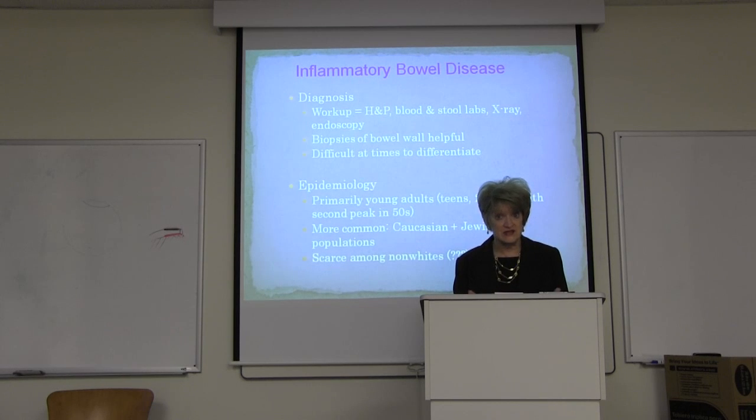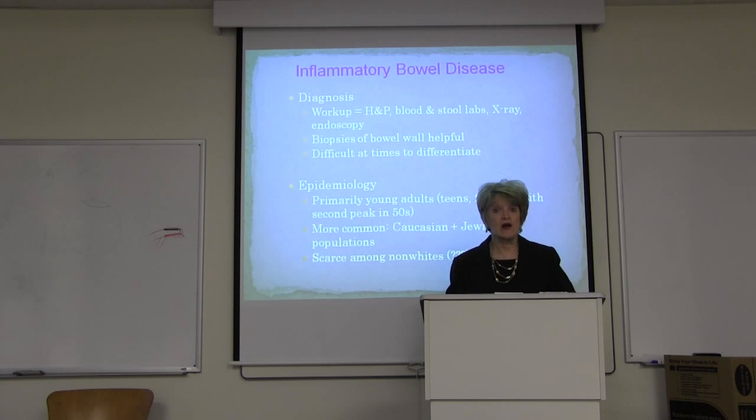And then when they go to the physician, that's when they get diagnosed. Now, fortunately, most physicians are much more aware of inflammatory bowel disease today than they used to be, and they will promptly refer the patient to a GI specialist, and so most patients get diagnosed relatively quickly, whereas in the past this was not always true.